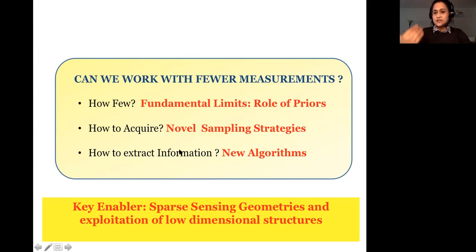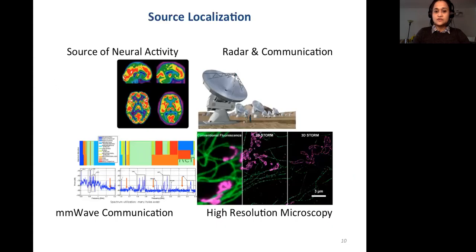The sample complexity can be achieved or not. And how to extract information from these kind of sampling strategies, from the measurements collected by these kind of sampling strategies. So I will show you that sparse sensing geometry actually provide a very promising answer to these questions. And it enables us to do something that we could not have done with uniform sampling strategies.